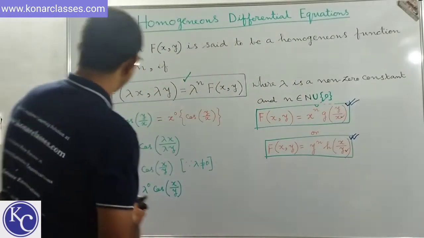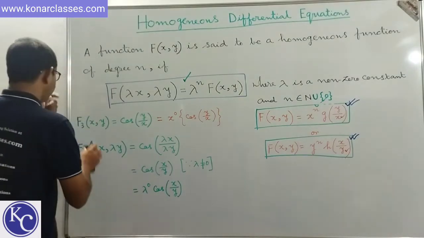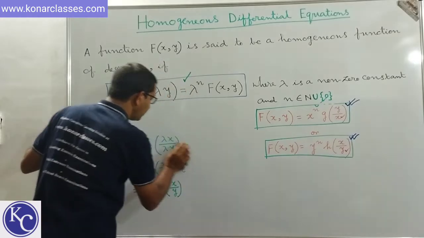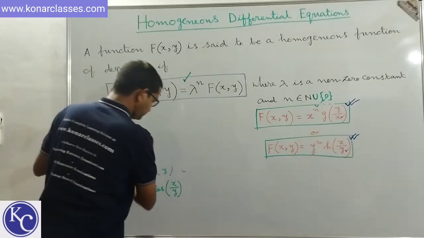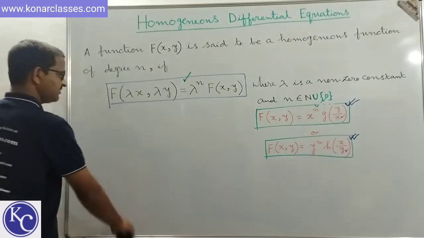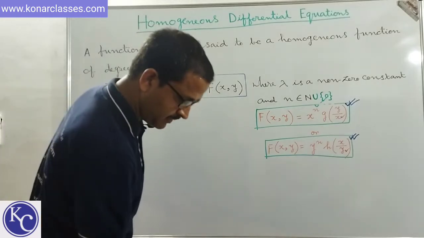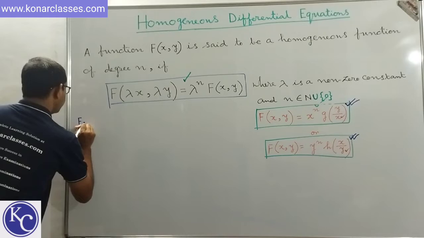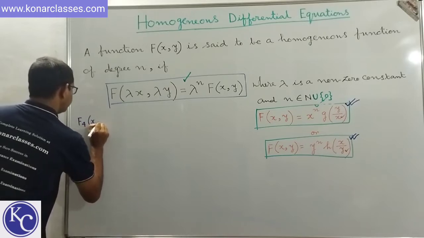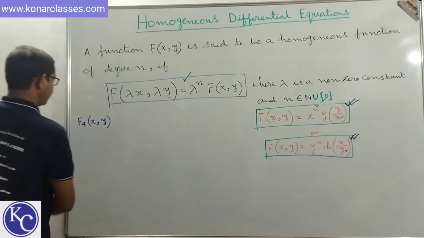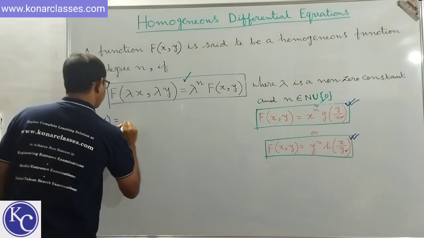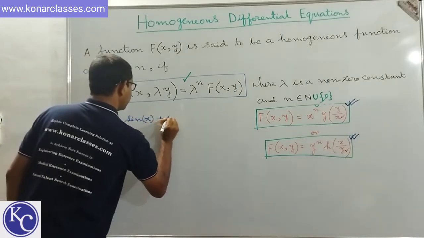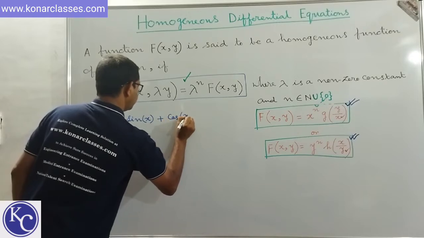Now before we proceed to the solution of homogeneous differential equation, let me show you one function which is not a homogeneous function. That is the fourth function we are going to take. Let's take this function as f4(x, y), and that is equal to sin x plus cos y.